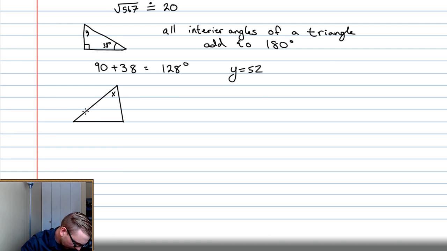This is 48 degrees. And this is 86 degrees. So again, all interior angles add up to 180. We've got 180 minus 48 degrees minus 86 degrees equals 46 degrees.